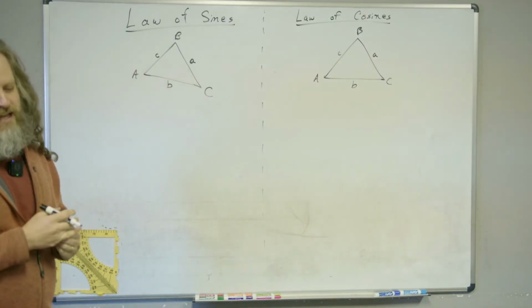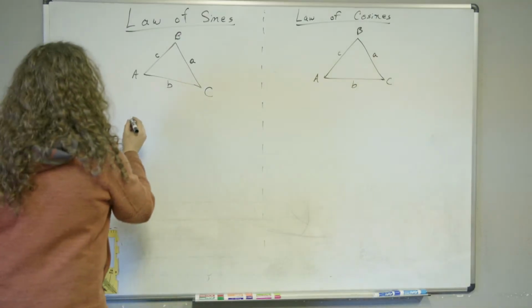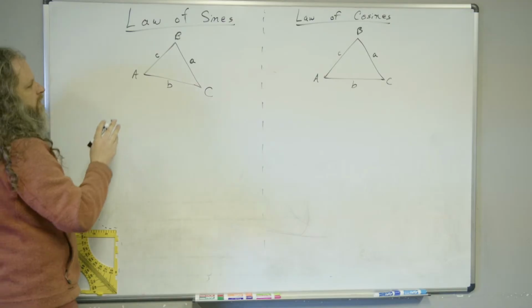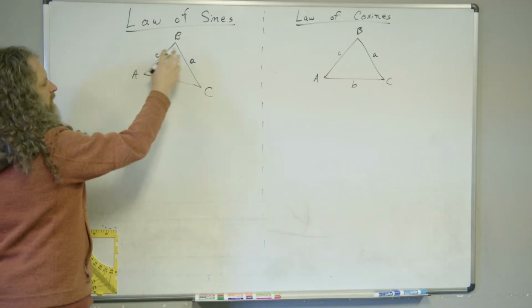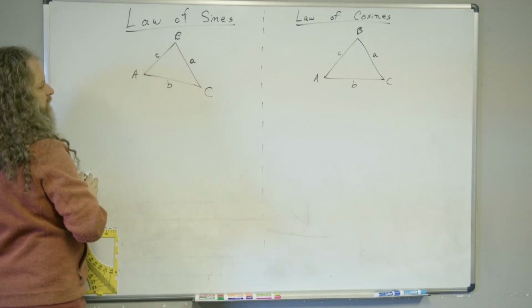So the law of sines says that the ratio between the sine of the angle and the opposite side are all congruent.